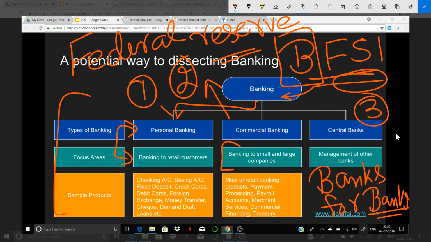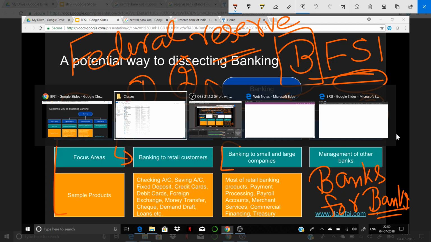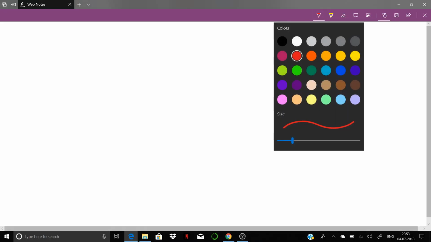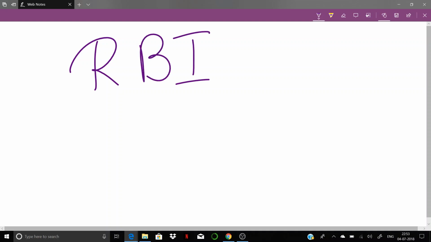Similarly, let me just switch to a different page so that I can write down very quickly. Yeah. So similarly, you can think about the RBI or Reserve Bank of India. So none of us, unless you happen to be a banker, would be visiting the RBI for our regular banking, right?